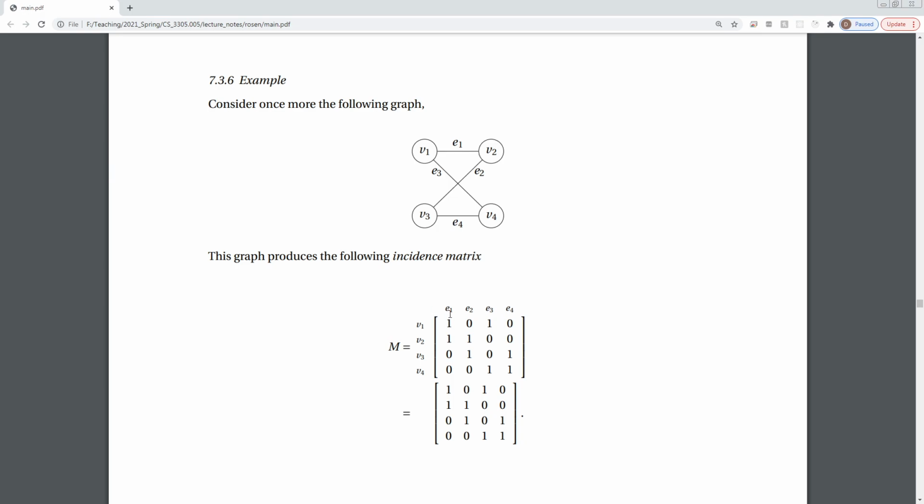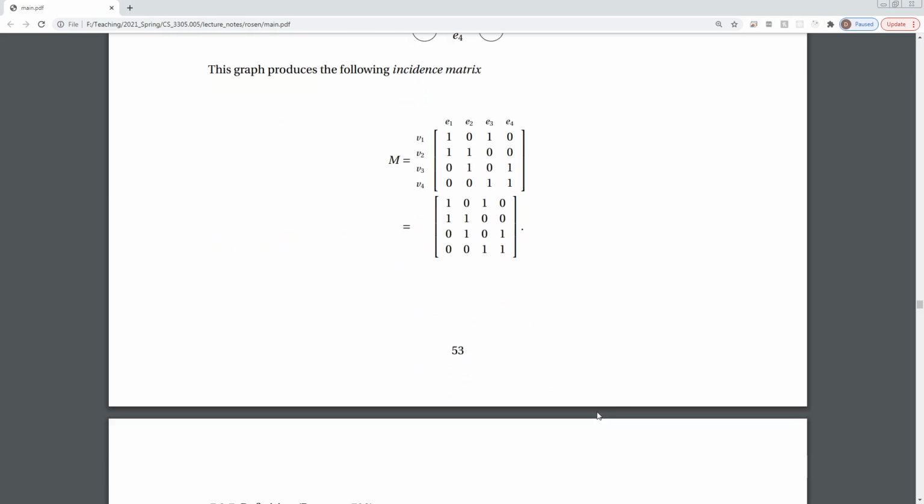Again, the value for each edge is 1 whenever the vertex is incident with that edge, and it's 0 otherwise.